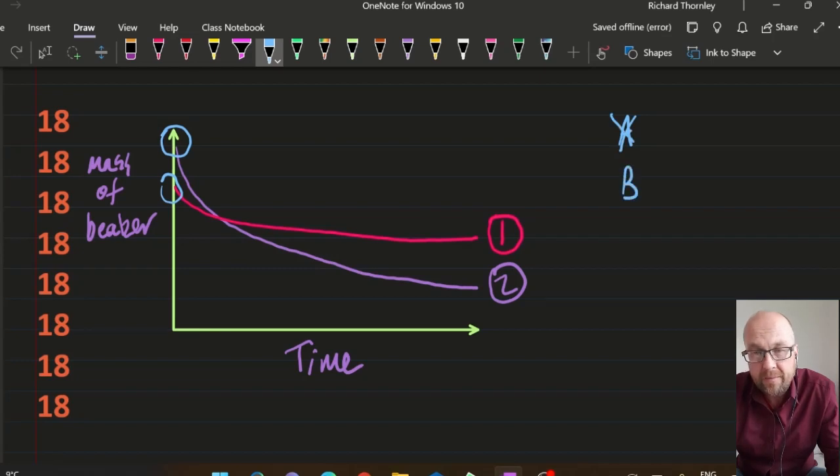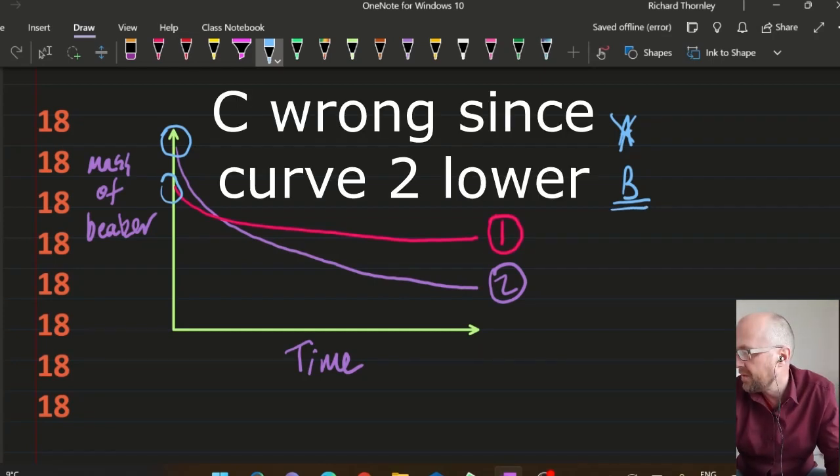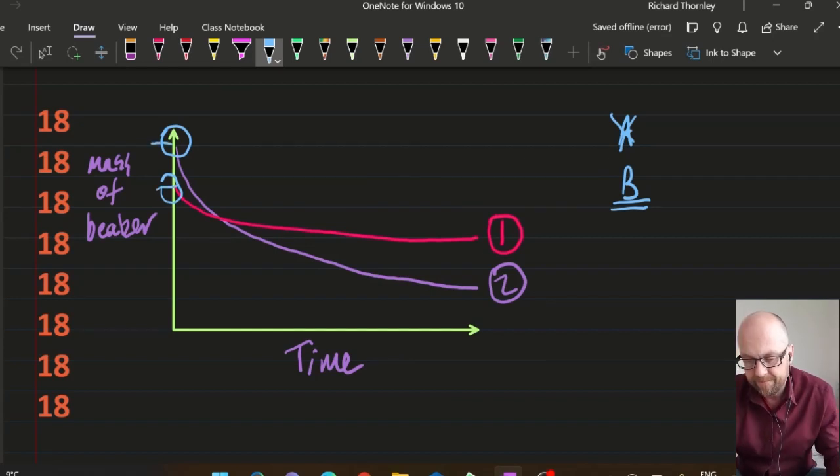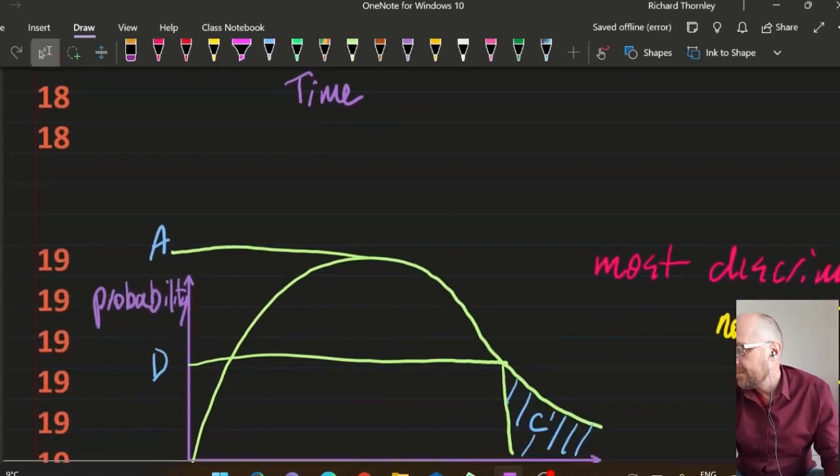B could be right because I'm adding more marble chips. C, doubling the acid, powdering the marble chips. No. So it has to be B. B's the only one where I've actually added more of the marble chips. And that's what accounts for this difference here. B, yeah.